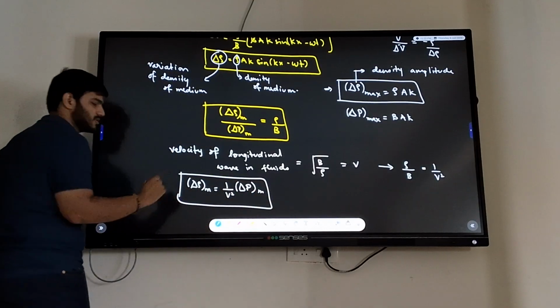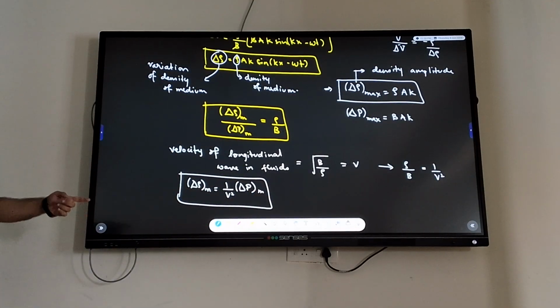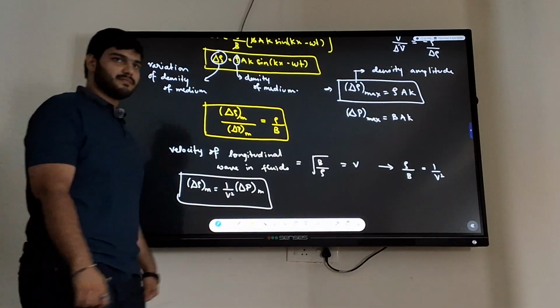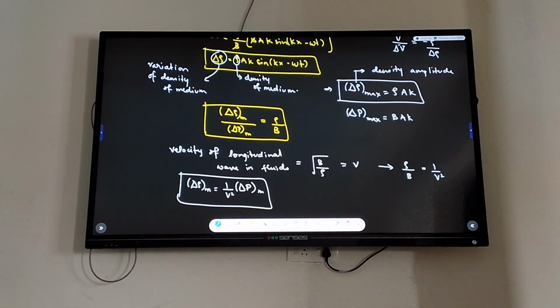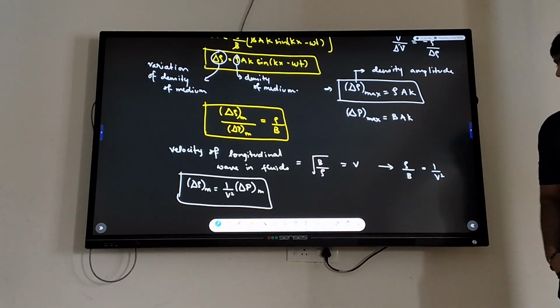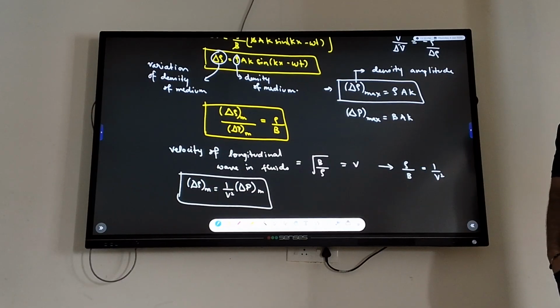Another relation that you should know. What is that v? That's the velocity of the longitudinal wave. Is it okay? Is it okay till here?